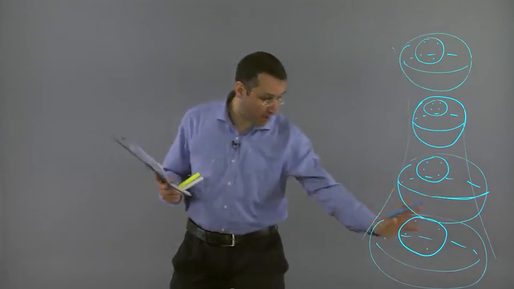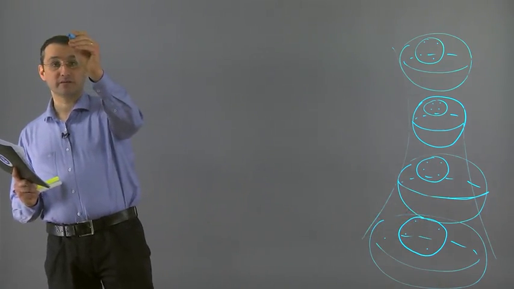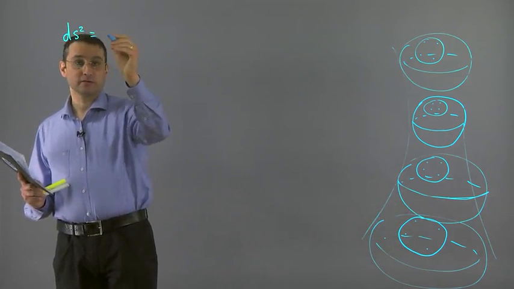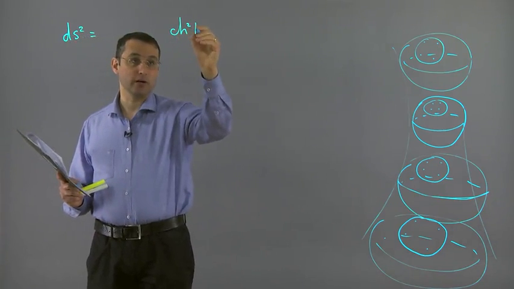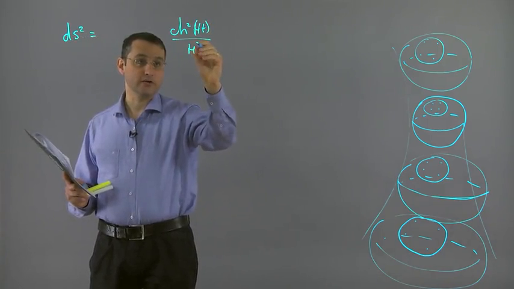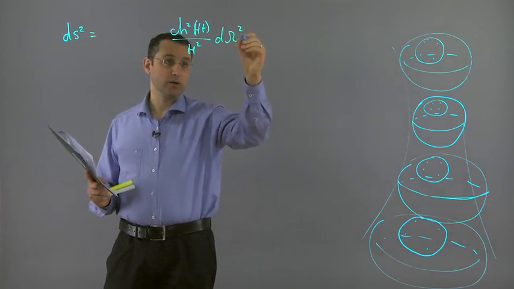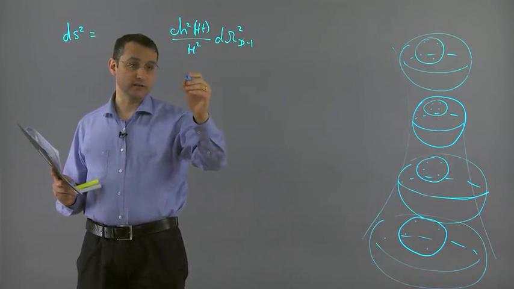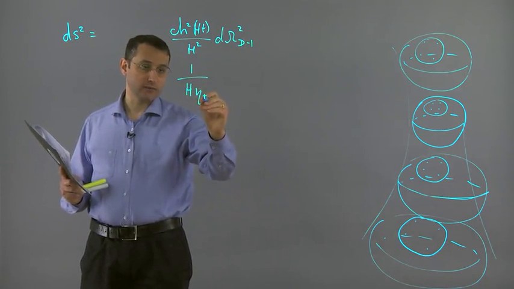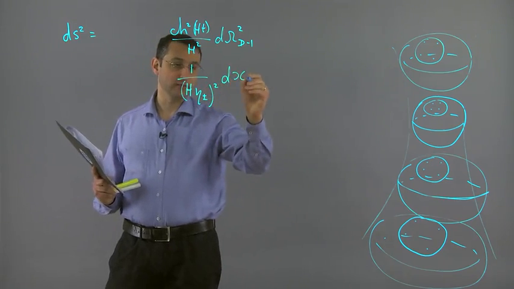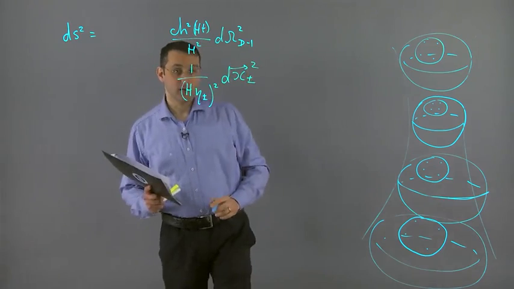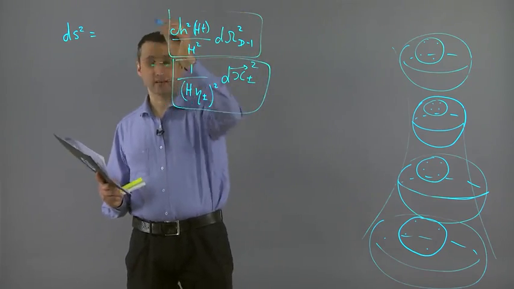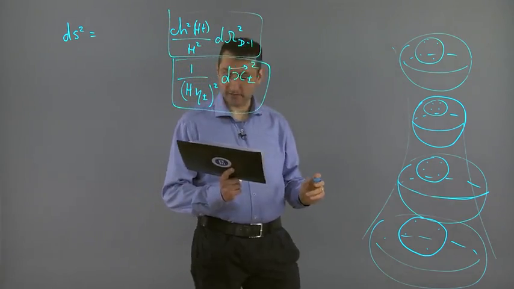So, the spatial physical volume. Remember that the de Sitter metric in spatial sections has either cosine squared ht over h squared d omega squared d minus 1, or in Poincare coordinates it's 1 over h eta plus minus squared dx plus minus squared. So the volume measured with respect to this metric is exactly the physical volume.